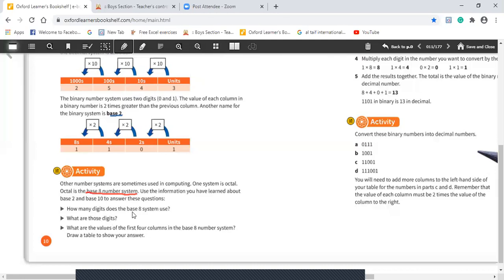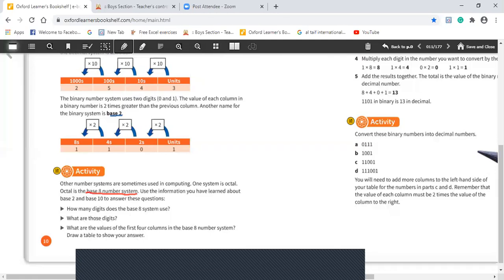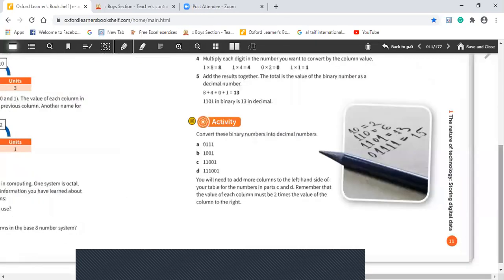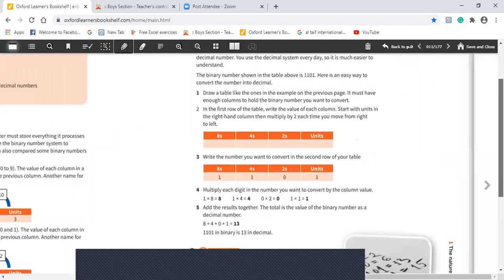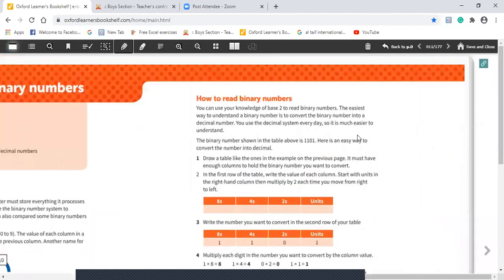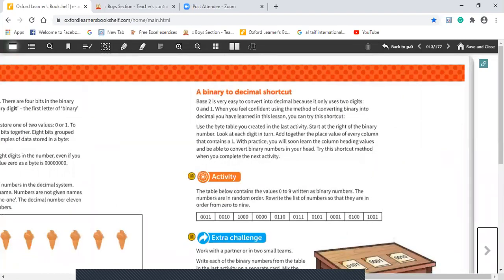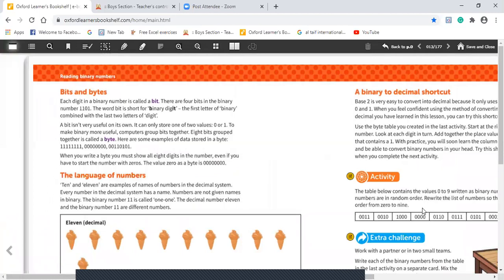How many digits does the base 8 system use, what are those digits, and what is the value of the first column in the base 8 number system? Draw a table to show your answer. We are going to solve this activity together, but let me explain something for you, and after that we will get back to the activities.